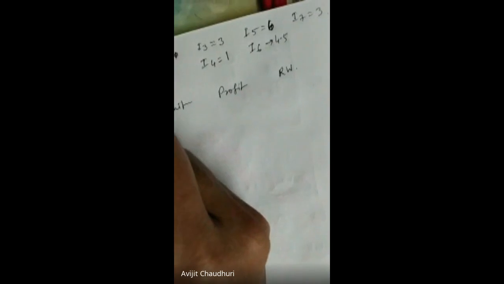I5 is 6, and I6 is 4.5. I7 is 3. So whatever we have taken, the first one is I5 with ratio 6.